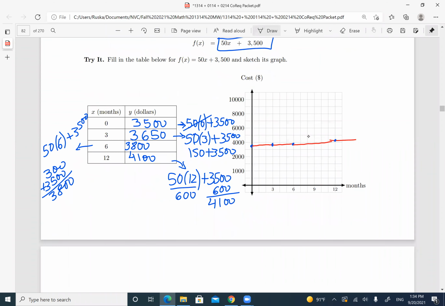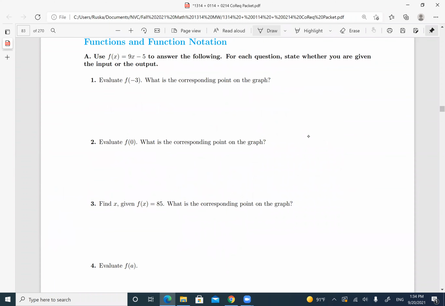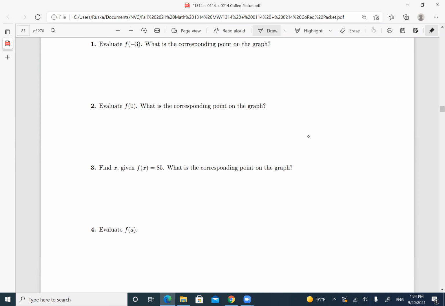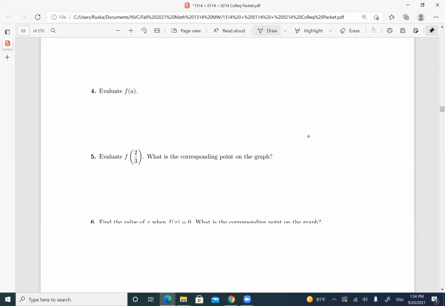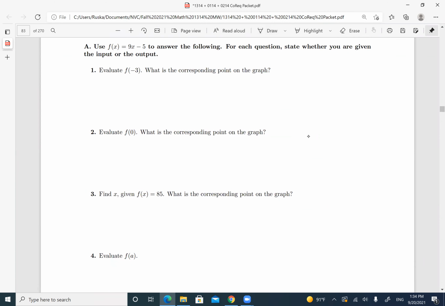And then function and functional notation, we have just evaluating. You have to find the value for each of the given functions. I mean, actually you have one function given, you have to find different values, and you have to find the corresponding point on the graph. So let's pick one. Looking at number 1, 2, 3, which one you want me to do?